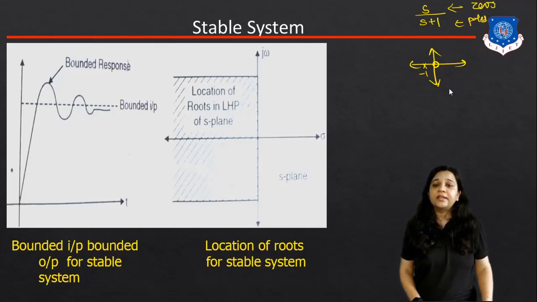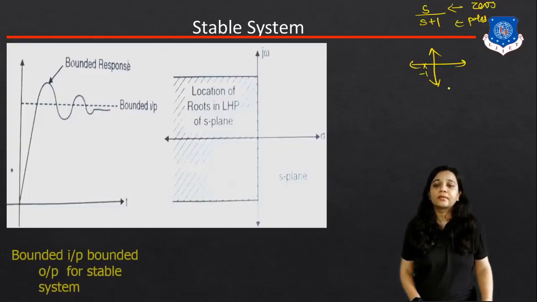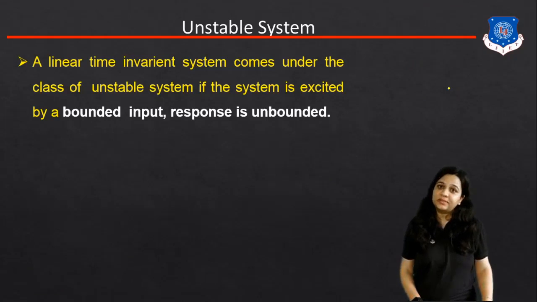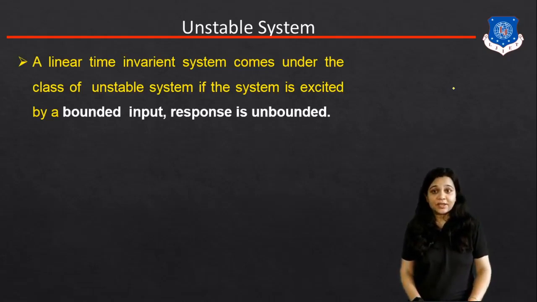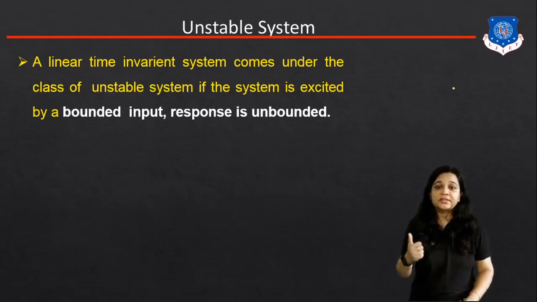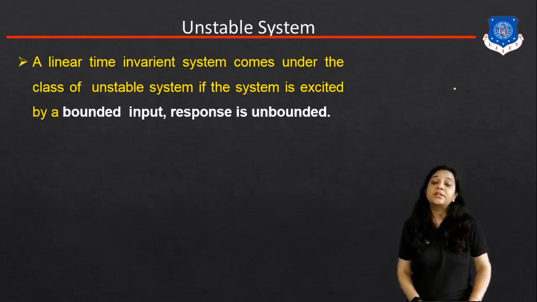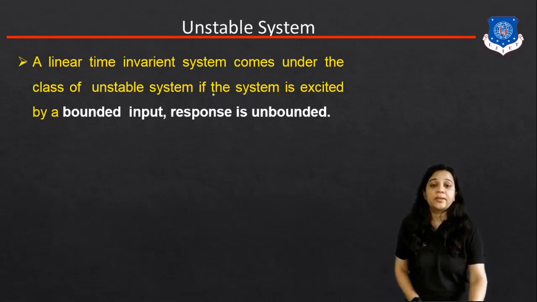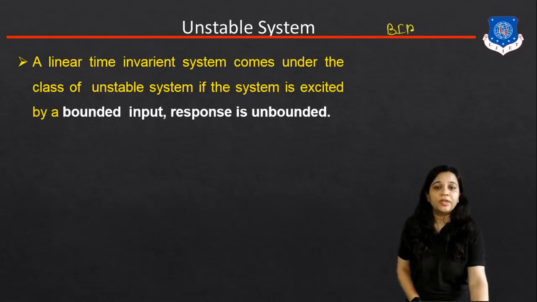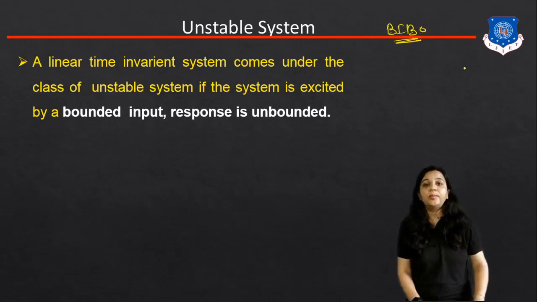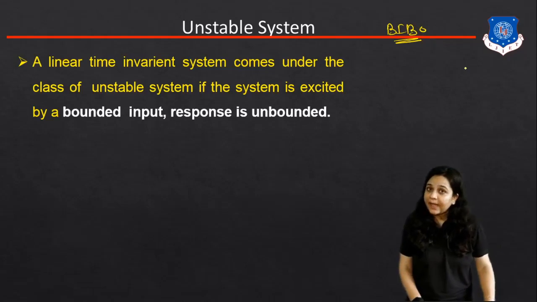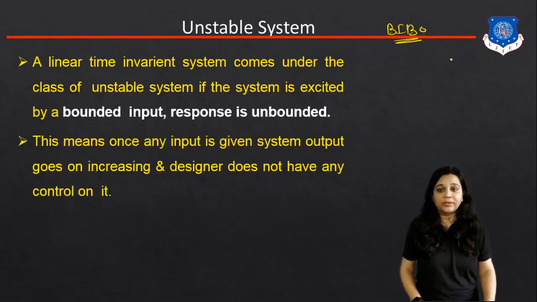Now the next one is the unstable system. A linear time invariant system comes under the class of unstable systems if and only if the system is excited by a bounded input and the response is unbounded. In simple language, if the system does not follow the BIBO condition, bounded input, bounded output, that type of system is known as an unstable system.